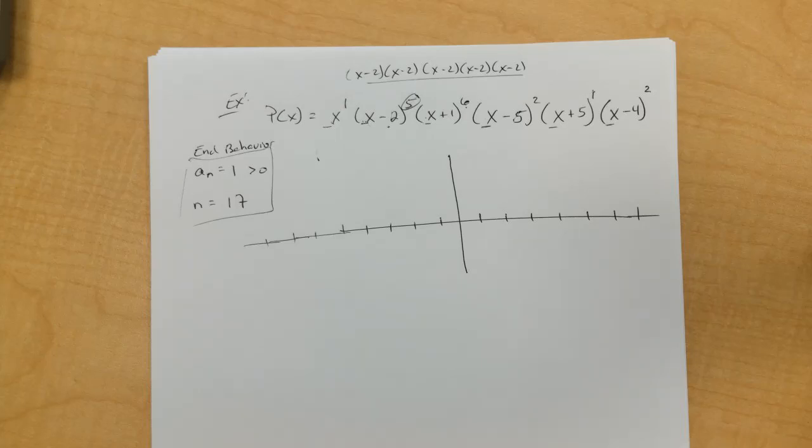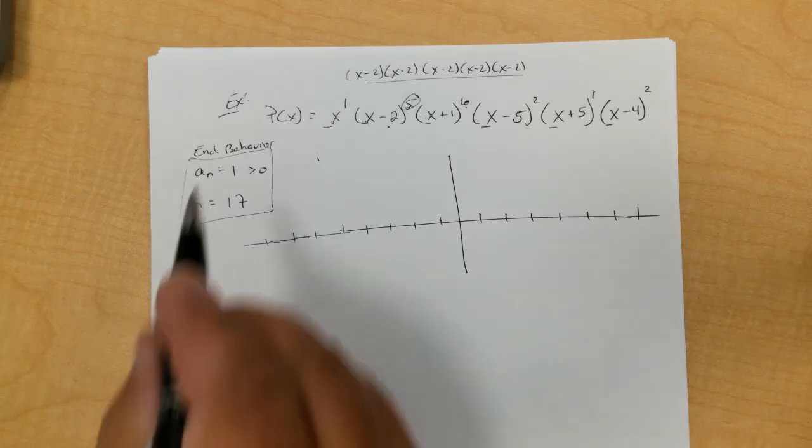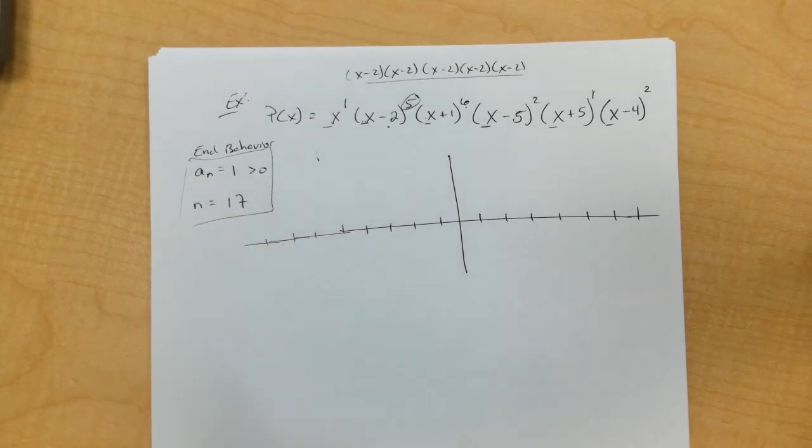Okay, it goes opposite directions. Goes opposite directions, and it's positive, so it goes right. So the right hand side's going to go up. The right hand goes up because it's positive. It's an increasing function. So the right hand side's getting positive. Left side's going down. So what are my intercepts?